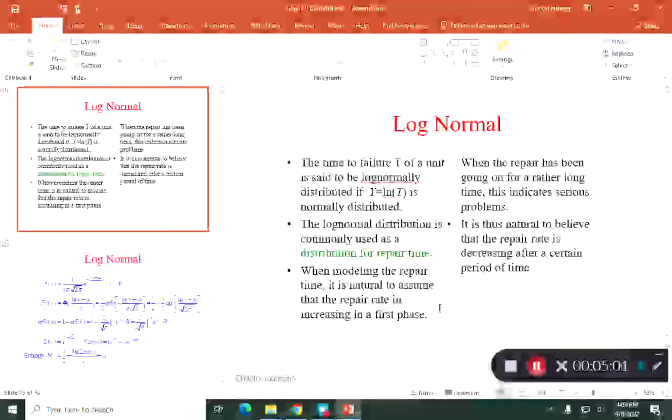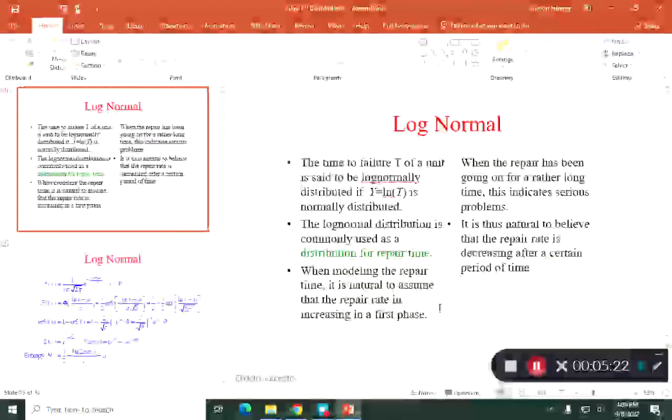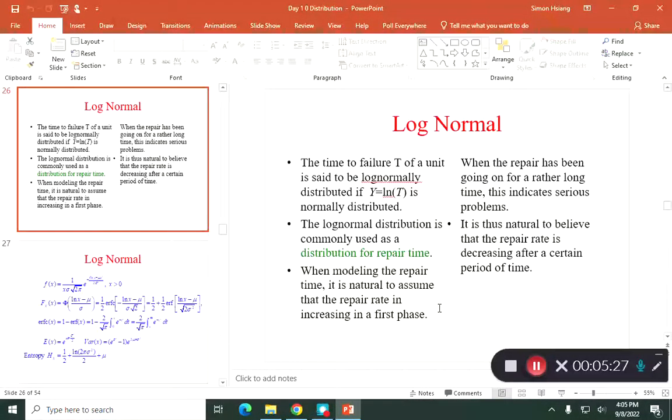And in this class, log plays a major role, okay? You're gonna hear me talk about log a lot, because a lot of distributions look ugly. That means they got a heavy tail, got a long stretch, and whenever you see a long stretch, I want to pull the tail back in to make them look normal.